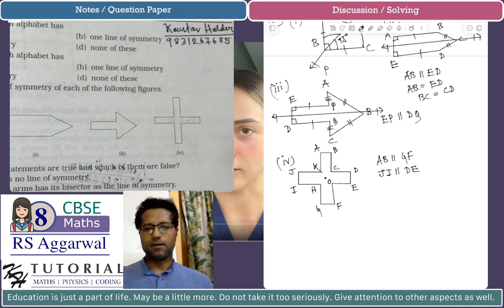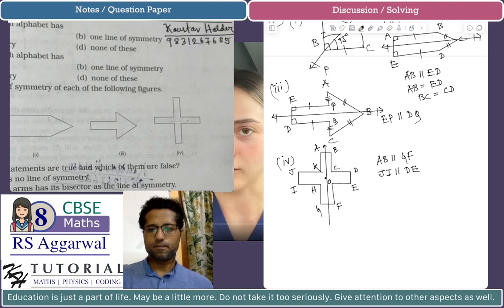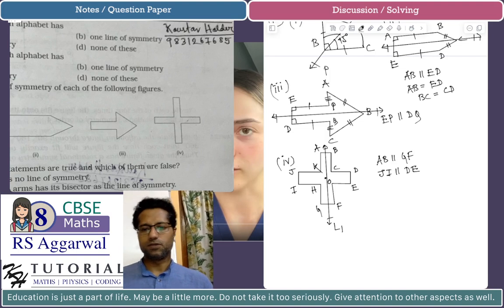A line passing through the point O and joining the midpoints of AB and GF, I'm calling this line L1, will be a line of symmetry for this figure.